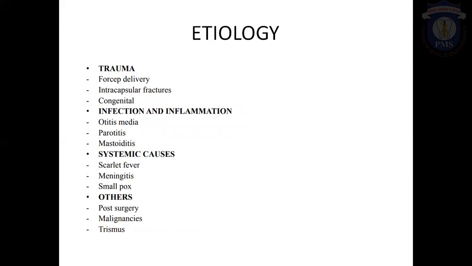Infection and inflammation can occur in case of otitis media, parotitis, and mastoiditis. And systemic causes include scarlet fever, meningitis, and smallpox. And other cases include post-surgical, malignancies, and trismus. These are the etiology for TMJ ankylosis.